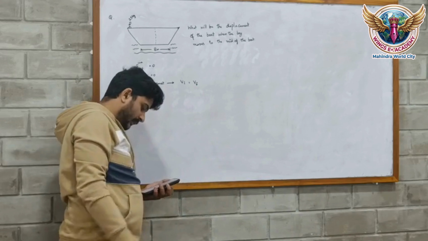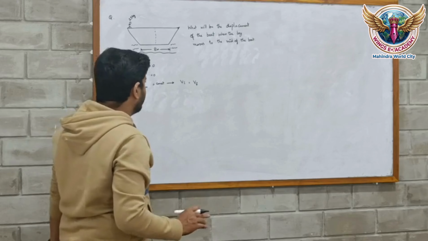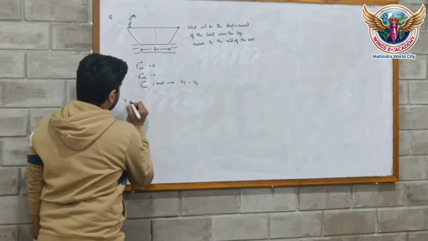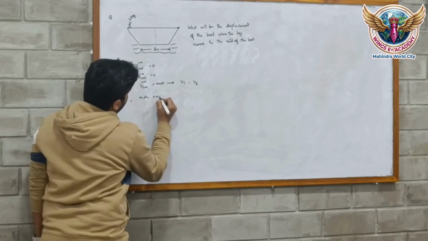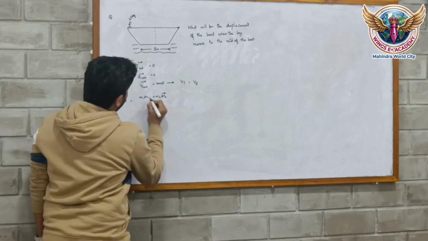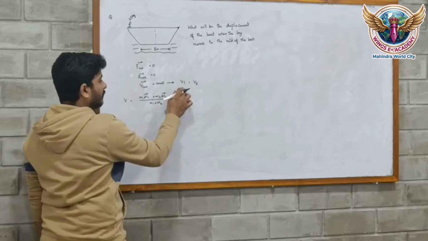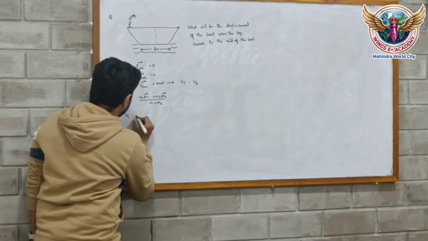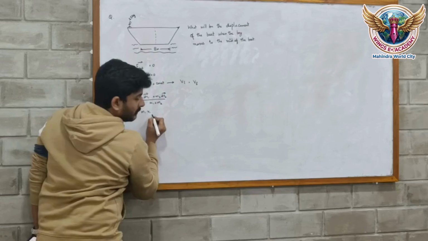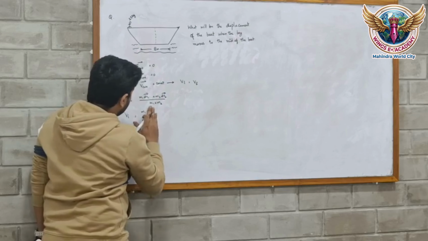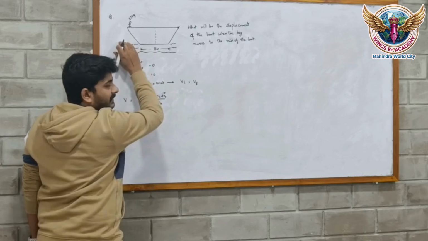What is the initial velocity of this boy? You have to understand the formula of the V vector: m1 dr1 plus m2 dr2 divided by m1 plus m2, right? So how will you write V initial? The initial velocity is 0 because it is at rest.